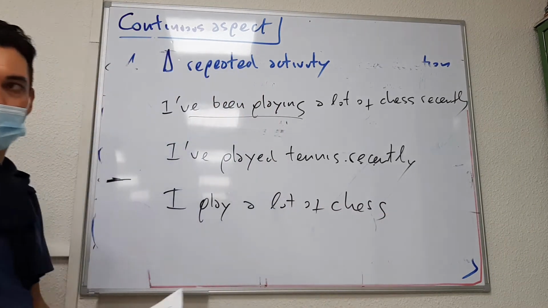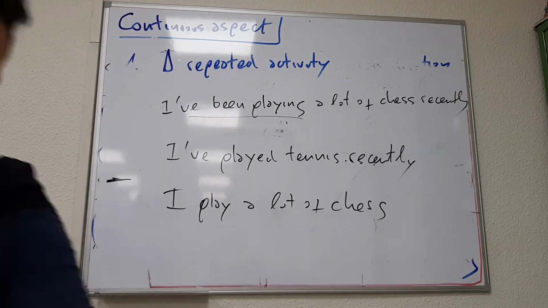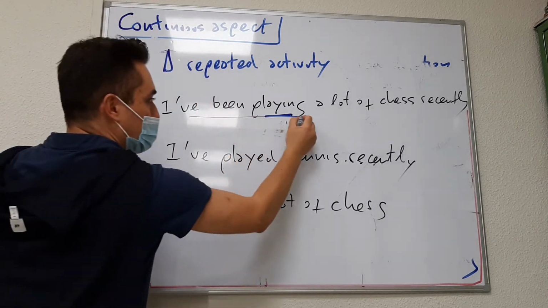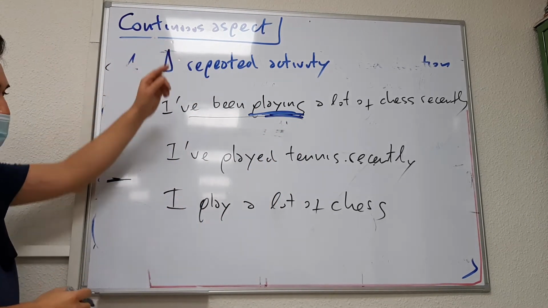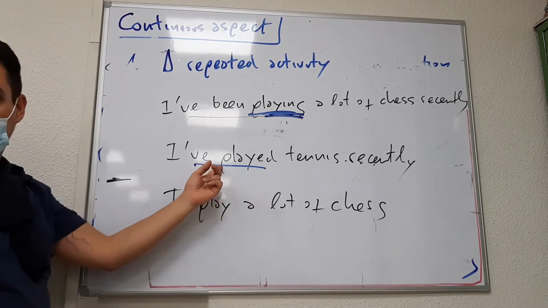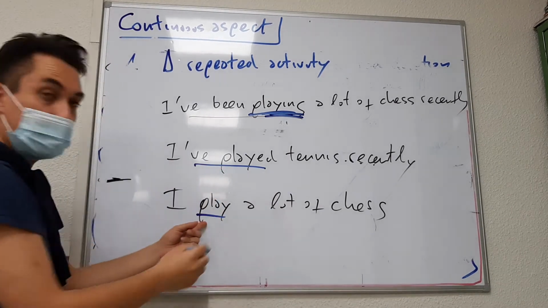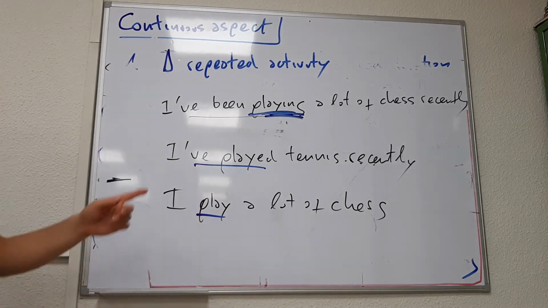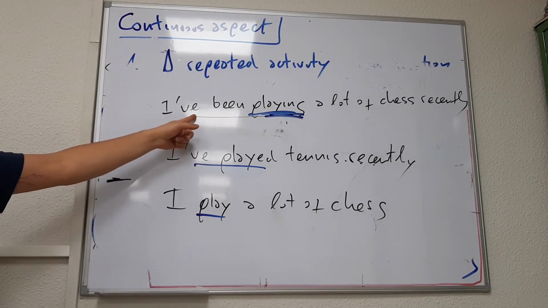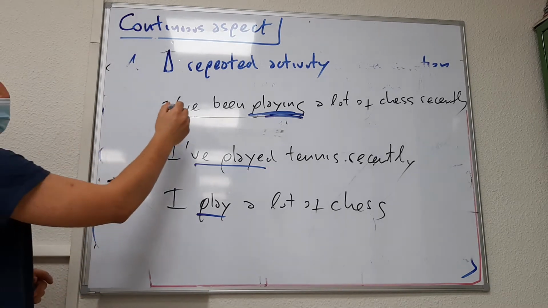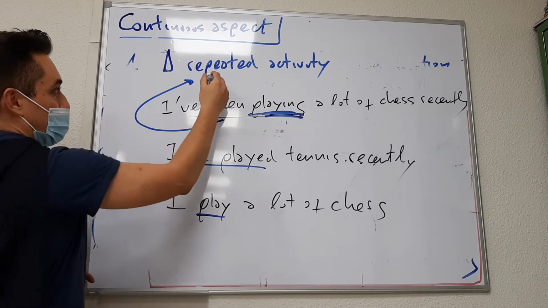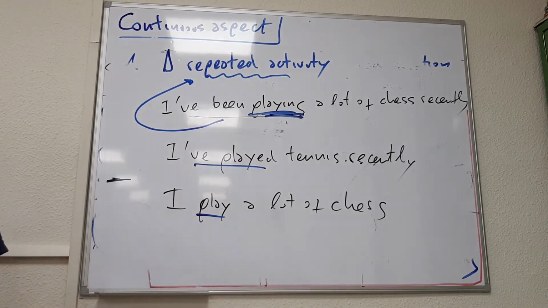What is the difference between these three sentences? This one is continuous. This one is perfect. And this one is simple. What is the difference? If I say I've been playing a lot of tennis recently, I am emphasizing that it's a repeated activity. I've done it many times during the last few weeks, the last few months.